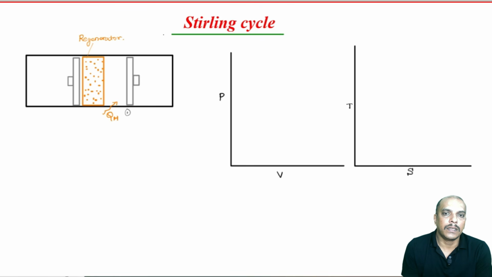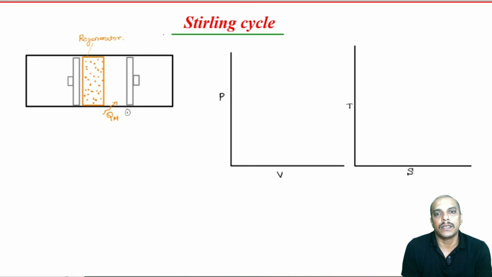Now, in case of Otto and diesel cycle, this is not going to happen because heat addition and heat rejection processes are not externally reversible, since during heat addition the temperature does not remain constant. So, it is important for the cycle to be externally reversible also, or you can say that for a cycle to be totally reversible, we must have heat addition and heat rejection at constant temperature.